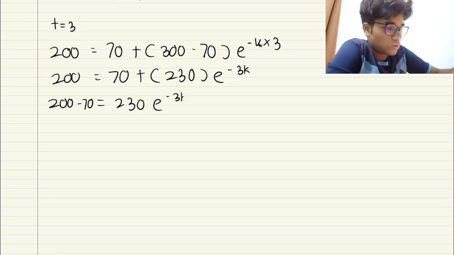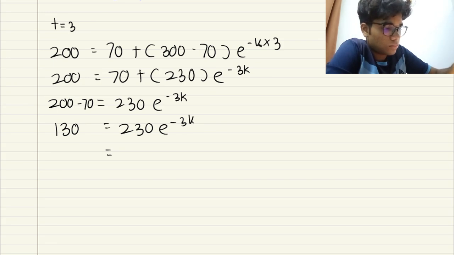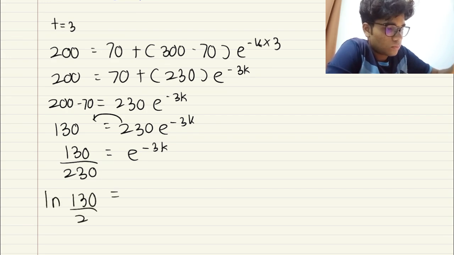So we can write this as 200 equals 70 plus 230 multiplied by e to the power of negative 3K. We rearrange the equation properly and get 200 minus 70 equals 230 multiplied by e to the power of negative 3K, and we get 130 equals 230 multiplied by e to the power of negative 3K.